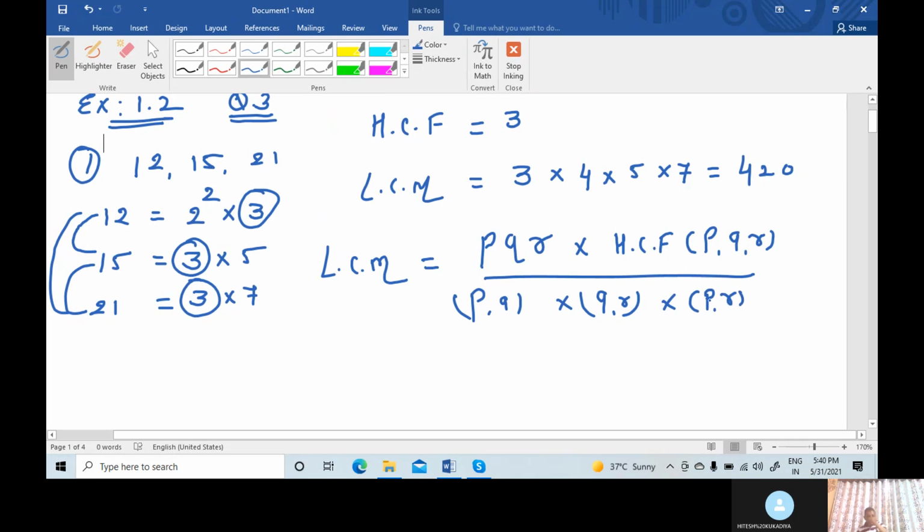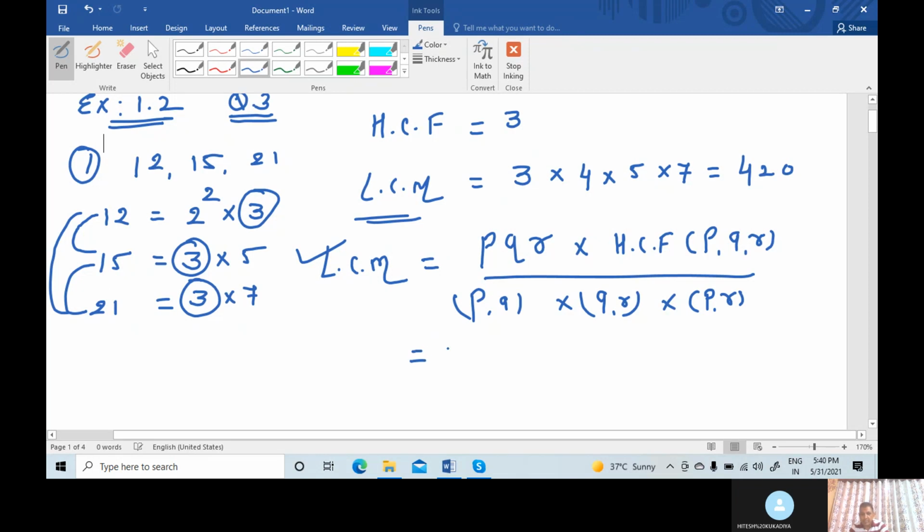We also use this formula in the board examination. You can find it by this method also. Here the sum is completed, but if you have any problem with LCM in your examination, you can apply this formula also.